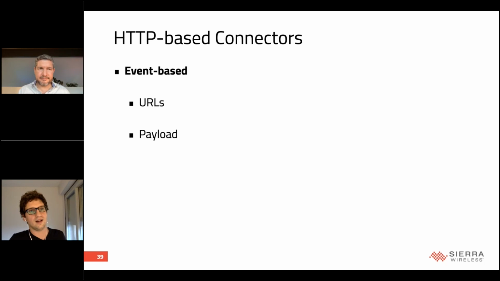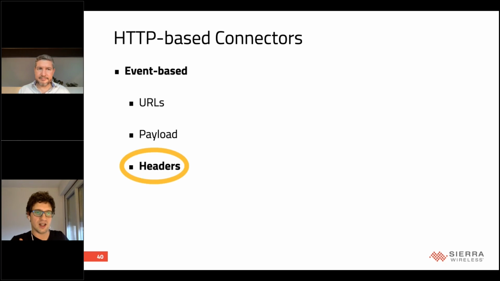So currently, HTTP-based connectors can compute an event-based URL and payload. You can specify a JavaScript function that takes an event as a parameter and then returns either a URL string or a payload string that will be used in the HTTP request.